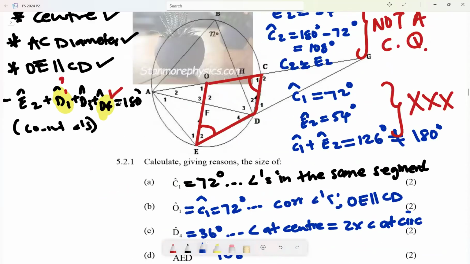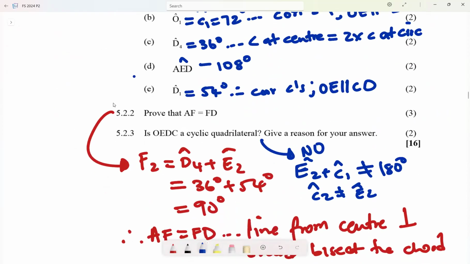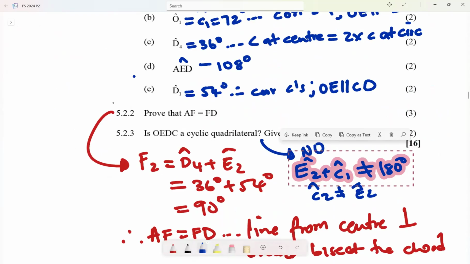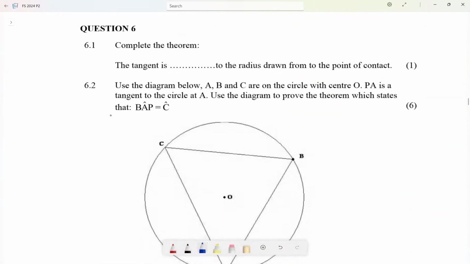Or angle C2 is not equal to angle E2. Here you can say opposite angles are not equal. I've already said it mathematically. Okay, so we look at the memo after here so that we see if we are correct with what we are doing.